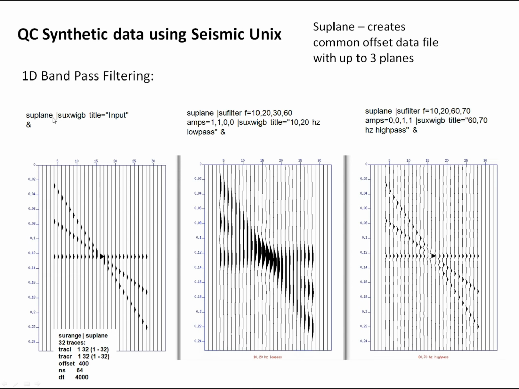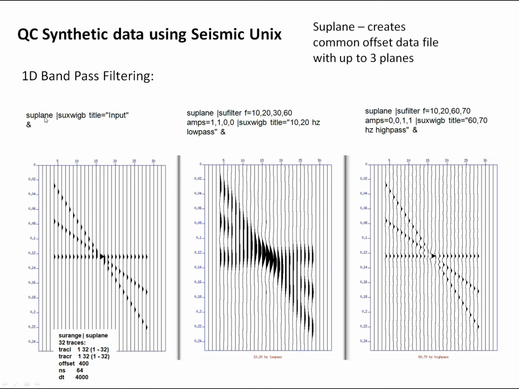As you can see, when you use this suplane command, it produces these 3 planes, one horizontal and the other dipping planes. And suxwigb creates a wiggle plot, a wiggle display, and suximage produces an interpolated display.